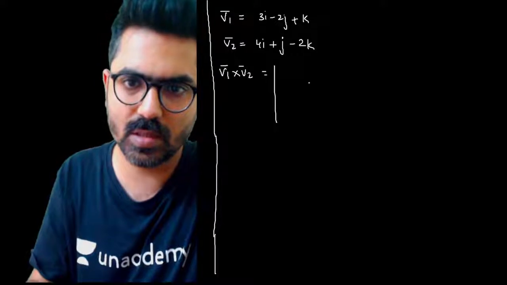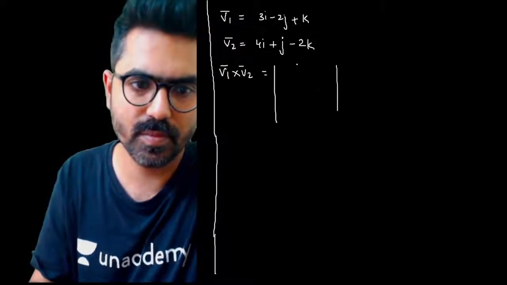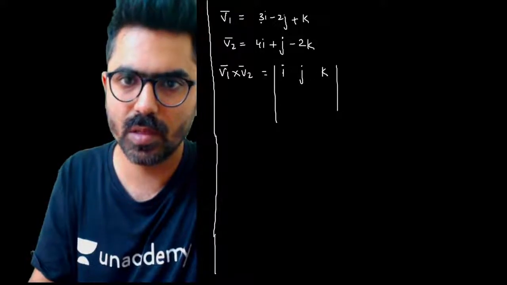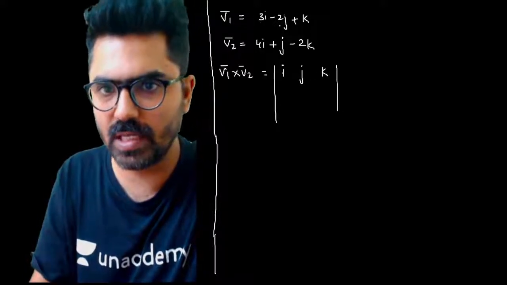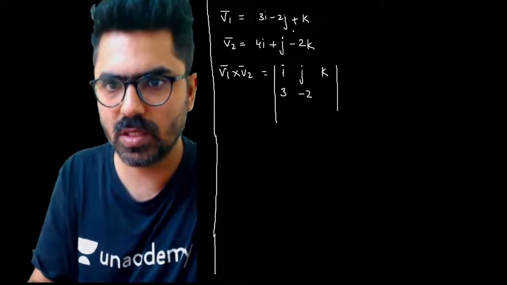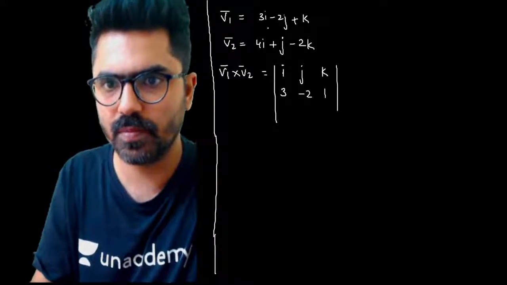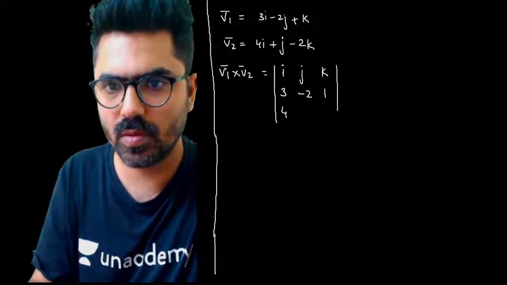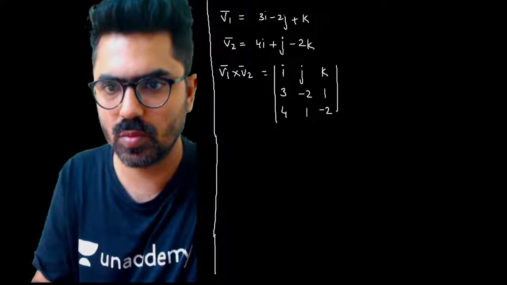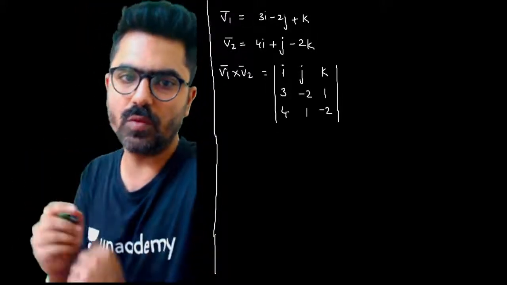So it is given as the determinant of i, j, k. Now let's write the components of V1 vector. It is 3, then minus 2, and then 1. Here 4, j component is 1, and k is minus 2. Now we have to find this determinant value.